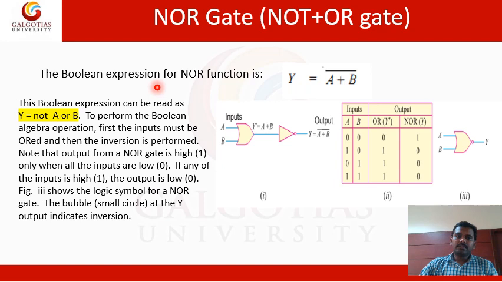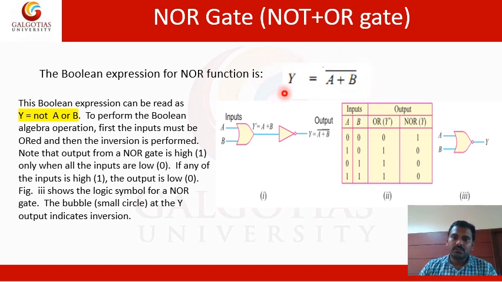Now another logic gate, which is called the NOR gate, is equivalent to NOT OR gate. This is also a universal logic gate. First we will see what the NOR gate is, and then we will discuss the property of the NOR gate as a universal logic gate.